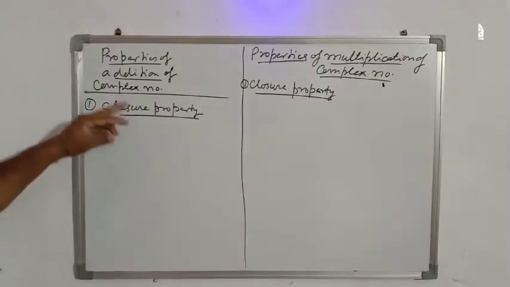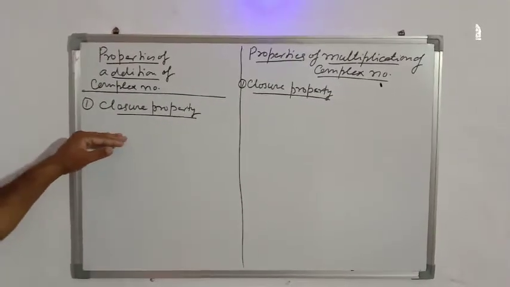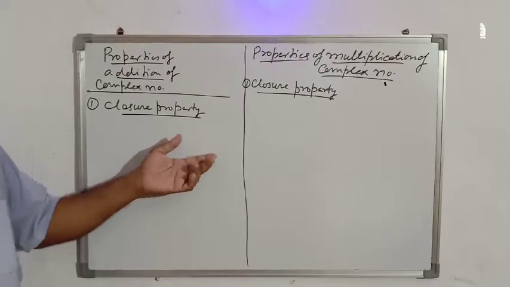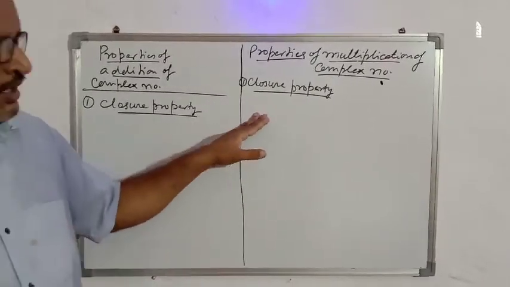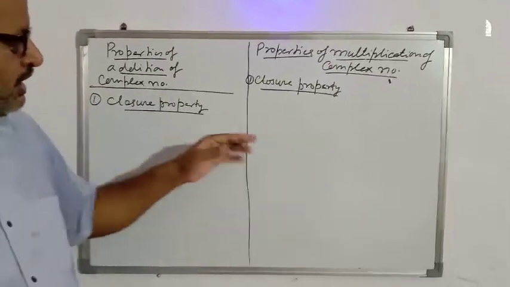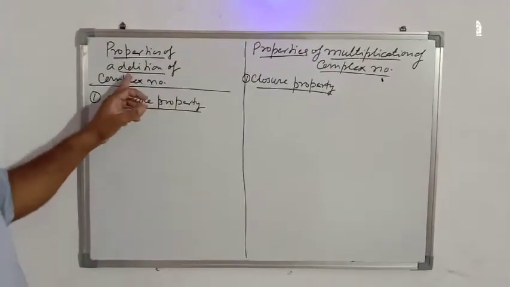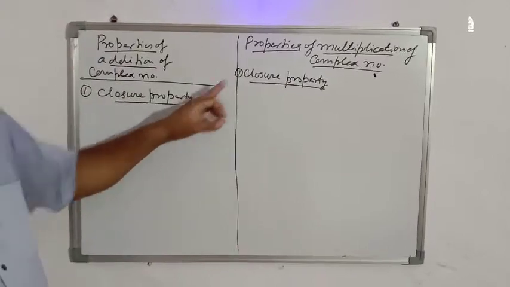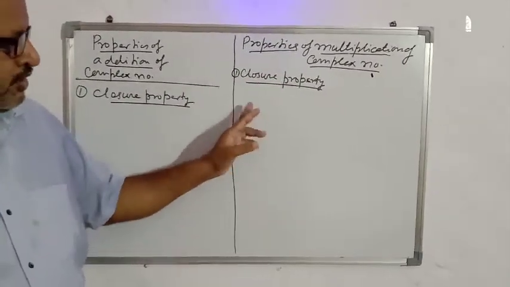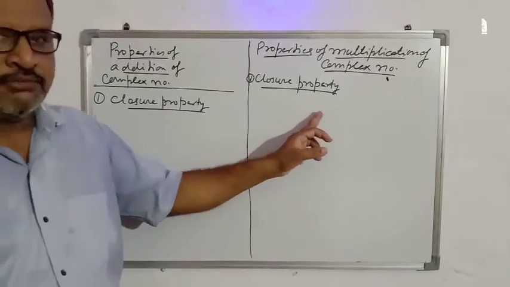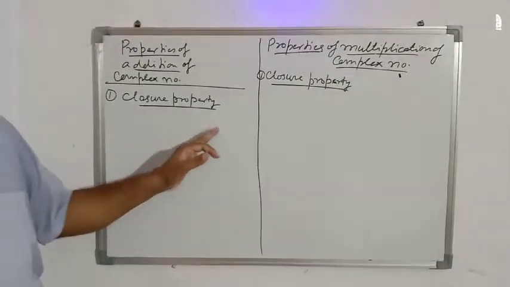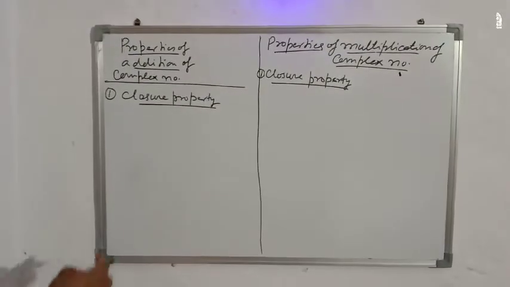So here if we take two complex numbers and add them, again we will get a complex number. If we take two complex numbers and multiply them, again we will get a complex number. It means addition of complex numbers is closed. Multiplication of complex numbers is closed. Why? Because product of two complex numbers is always a complex number. Sum of two complex numbers is always a complex number.